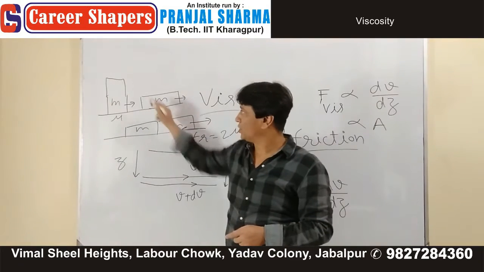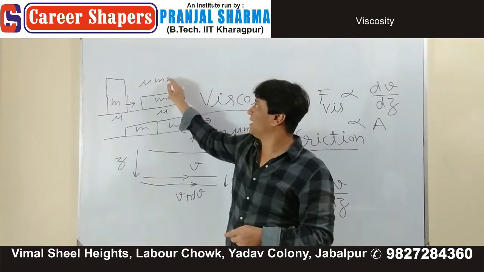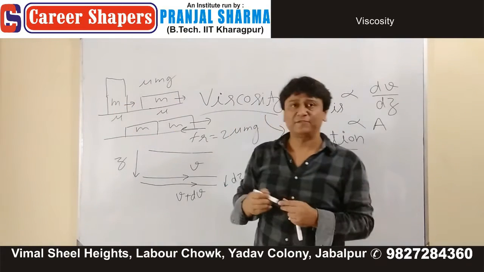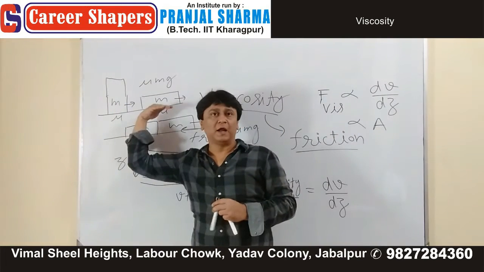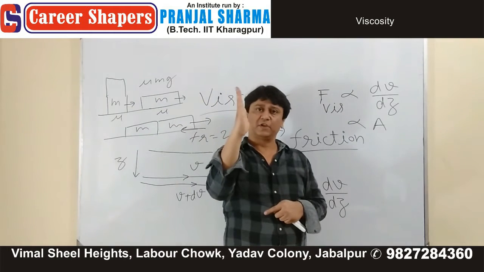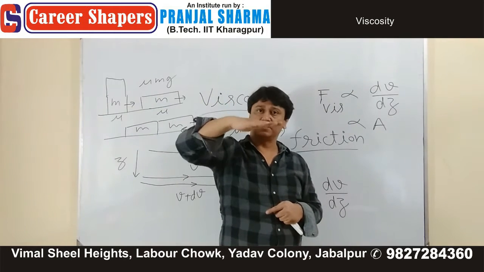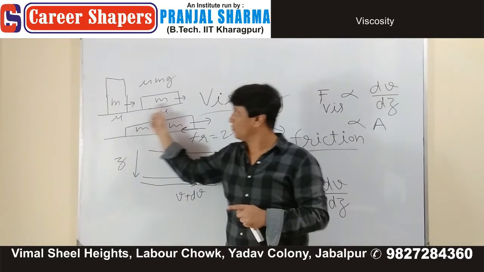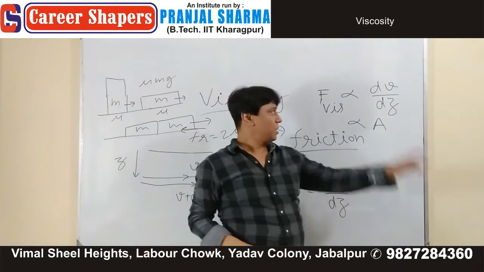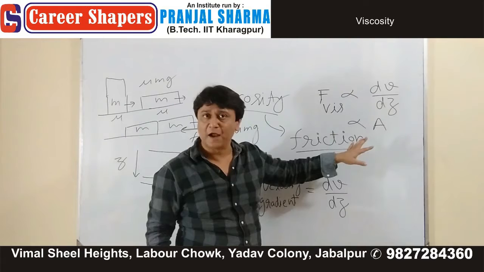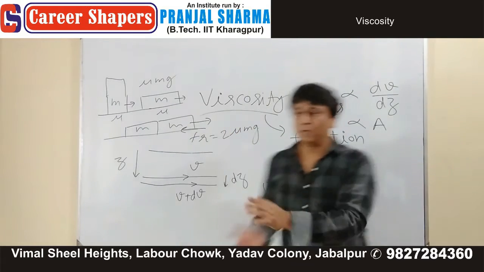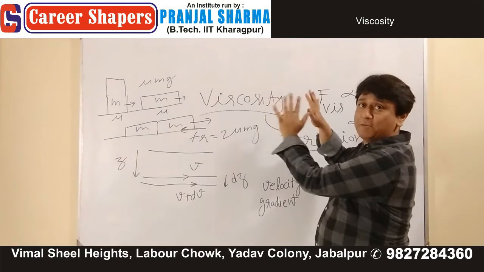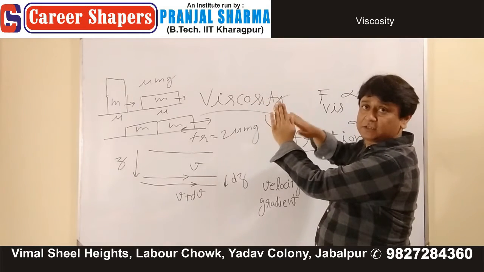The force of friction over here is only mu mg because it's mass m and it's mass m. You have simply flipped it over, and therefore instead of this it lies like this. So in this situation it doesn't depend upon the area, but for a liquid it does depend on the area. Why? When I say I'm increasing the area of a liquid, I am basically increasing its mass.